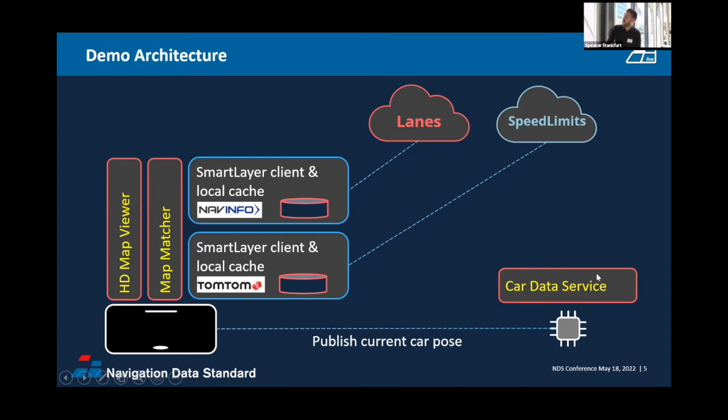And we have the car data service, which publishes the current car position at, I think, 5 hertz. For the demo, it plays back waypoints that we actually collected, not via the car, but by clicking them in the map viewer of LiveLab.